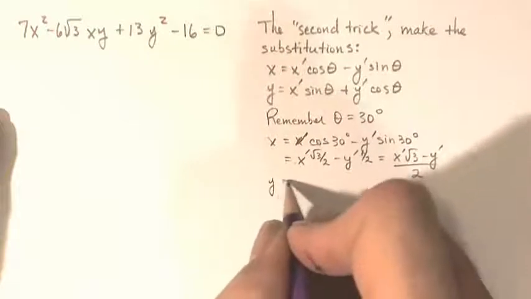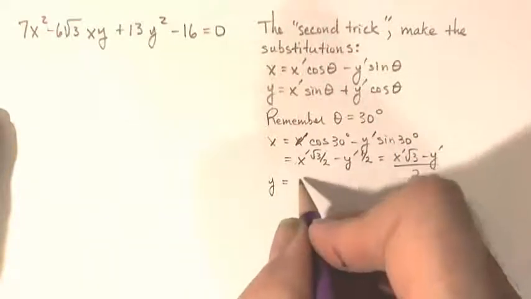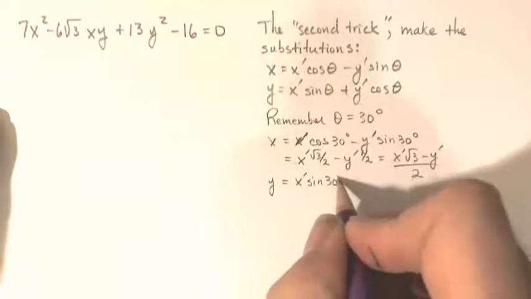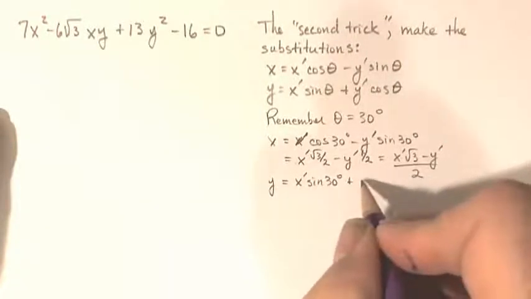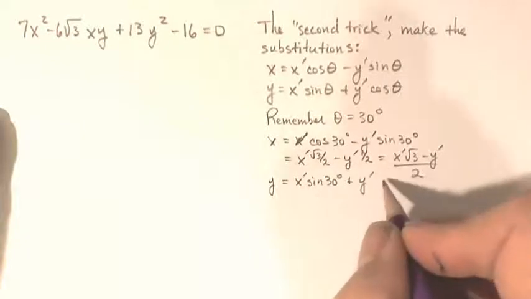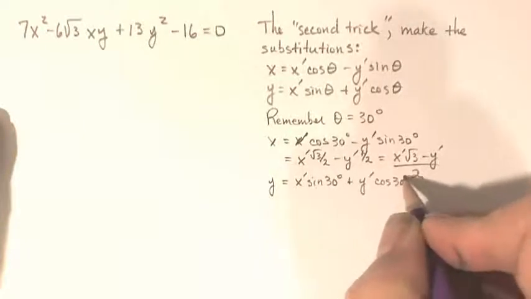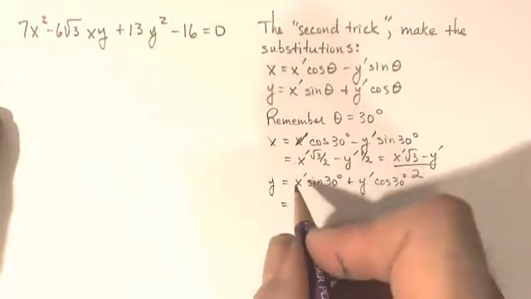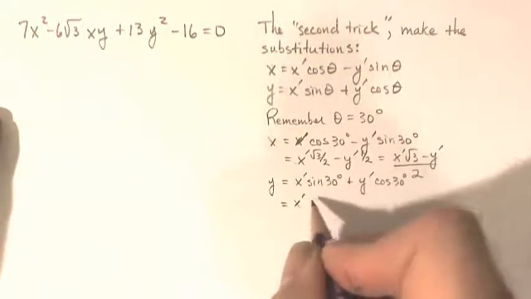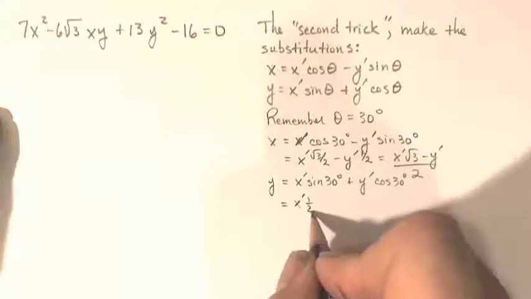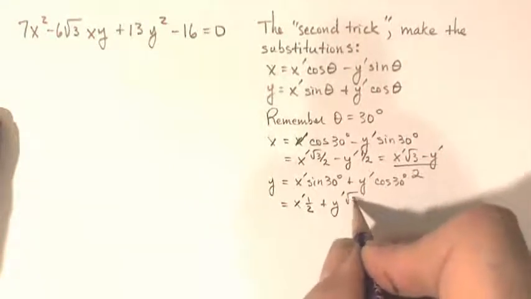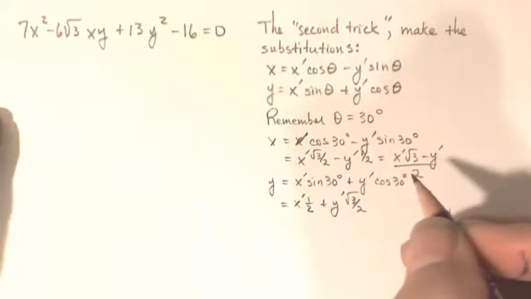We'll do something similar for the y. This is x primed sine 30 degrees plus y primed cosine 30 degrees. So the y will be x primed times 1/2 plus y primed square root of 3 over 2.